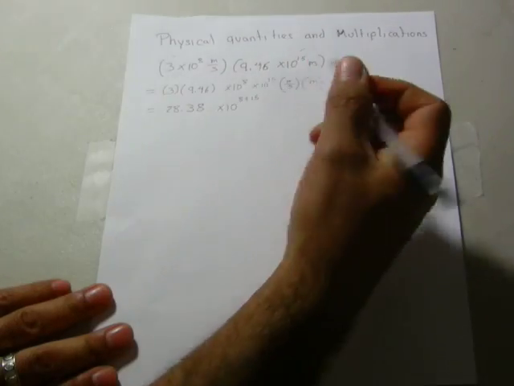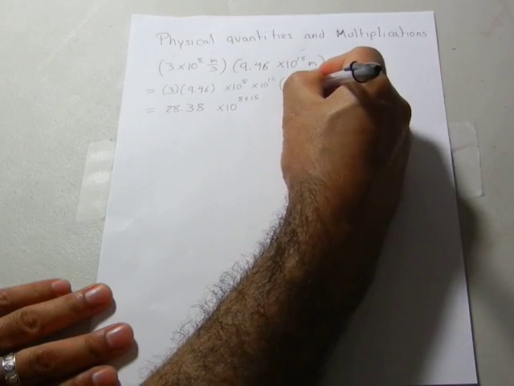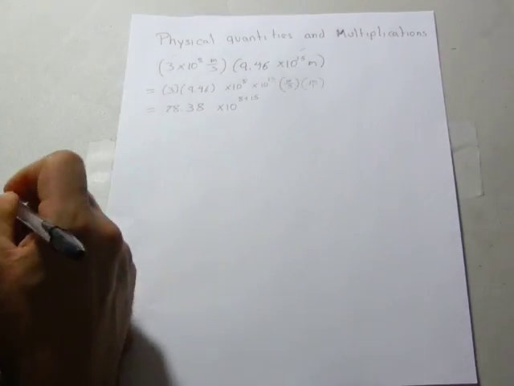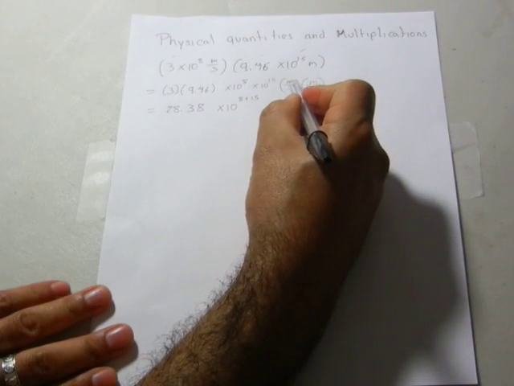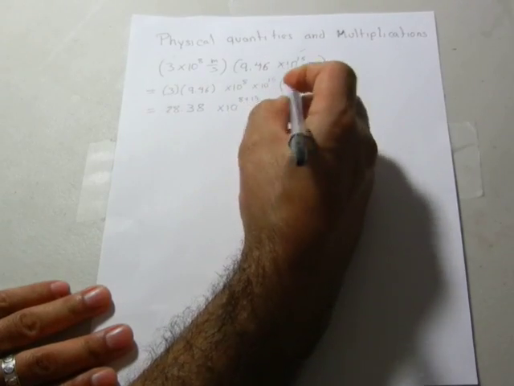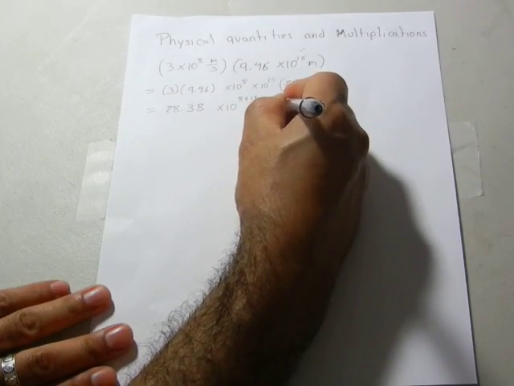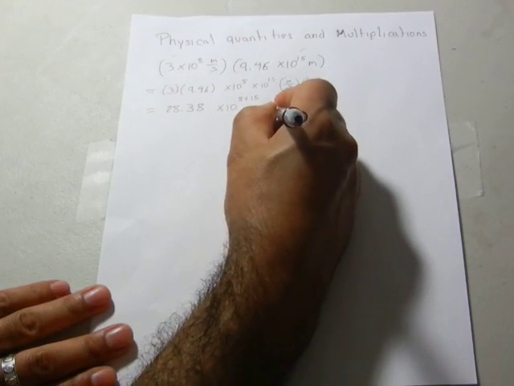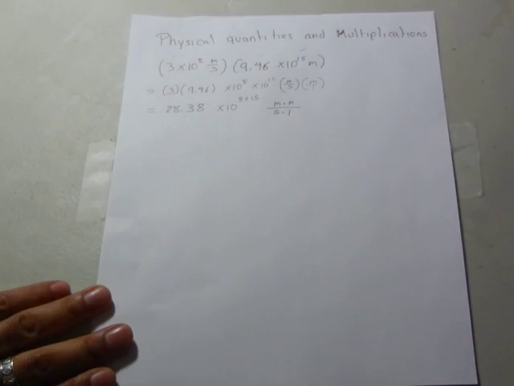If you remember, the main rule for fraction: integers divided by 1, and we can multiply numerator times numerator and denominator times denominator. So meters times meters and seconds times 1.